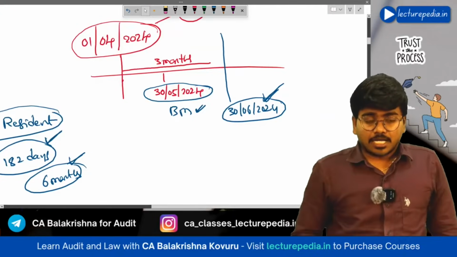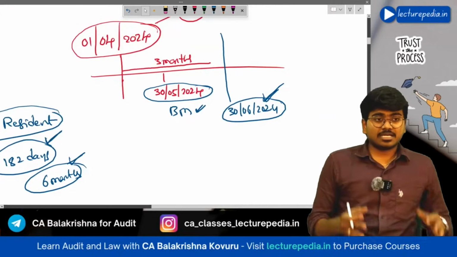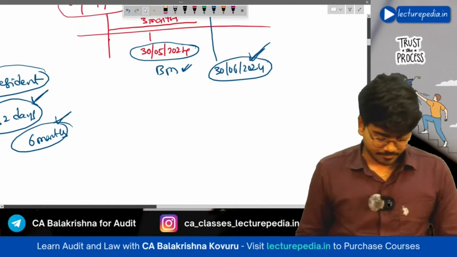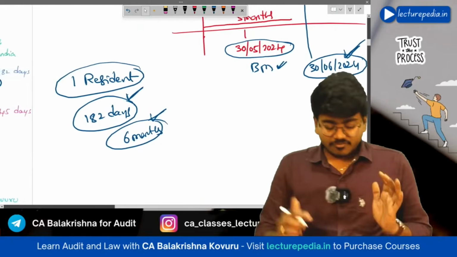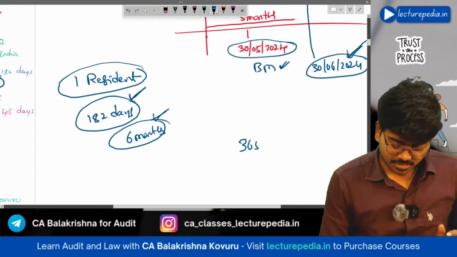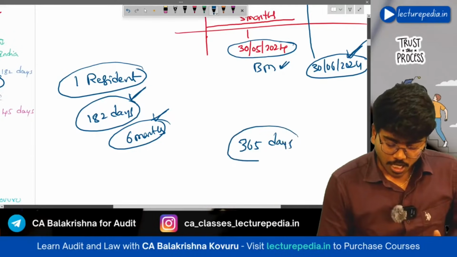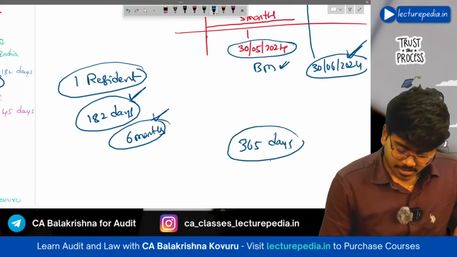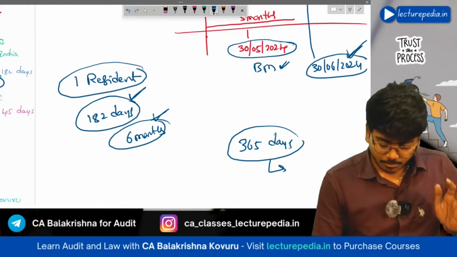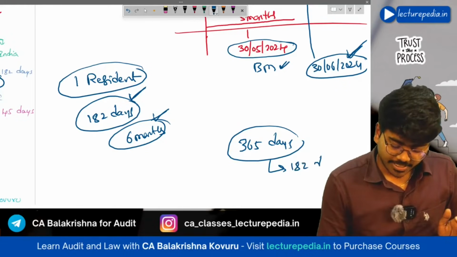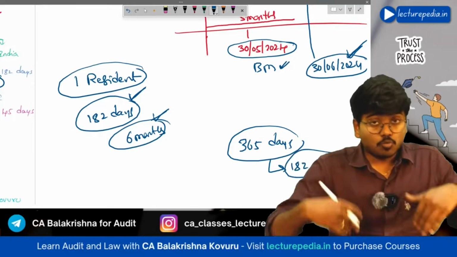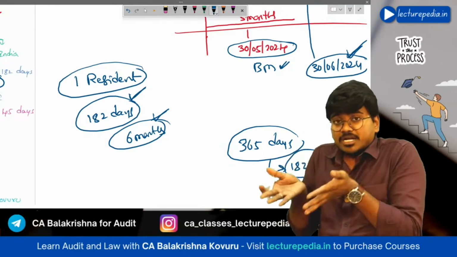Now a question arises. Let's say company has been incorporated in the middle of the year. See, generally 1 year will have 365 days, right? So out of 365 days, at least one director must stay in India for 182 days or more. Now what if company has been incorporated in the middle of the year?